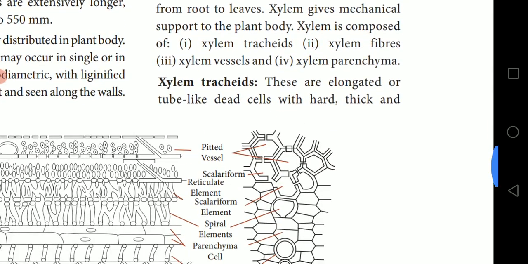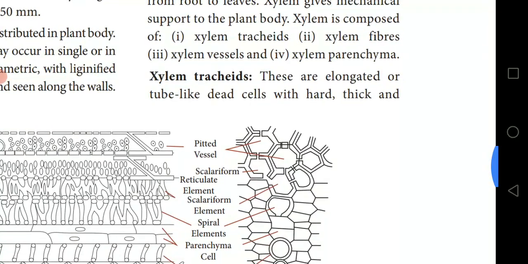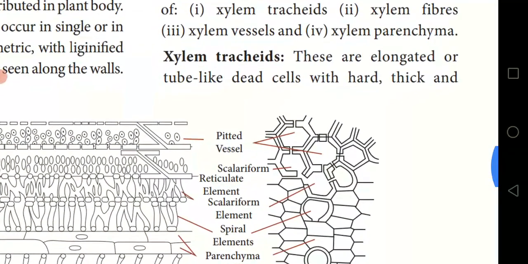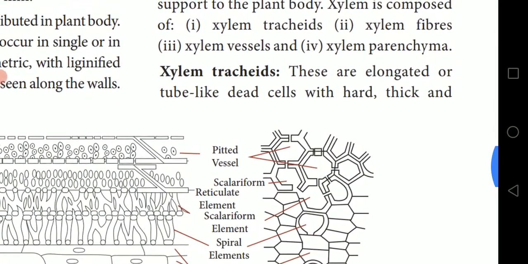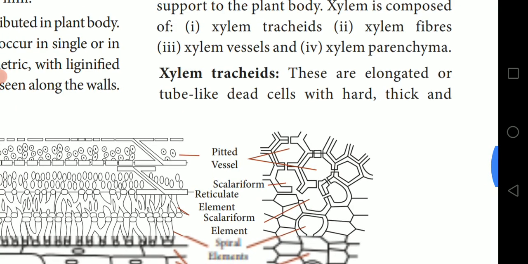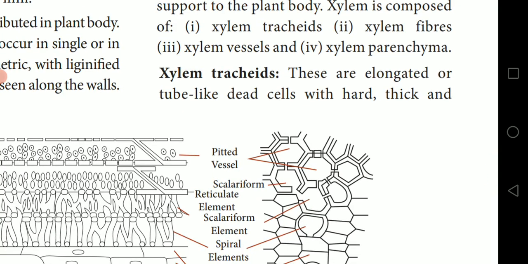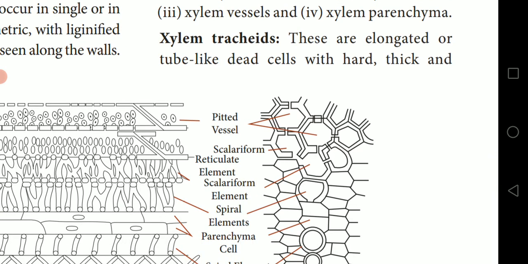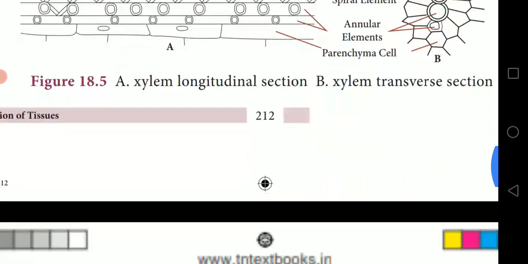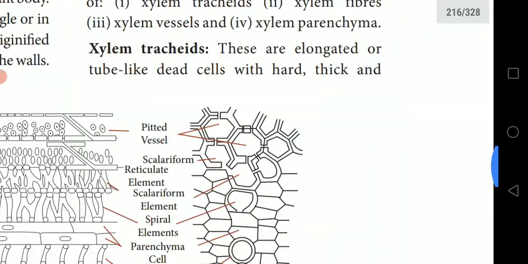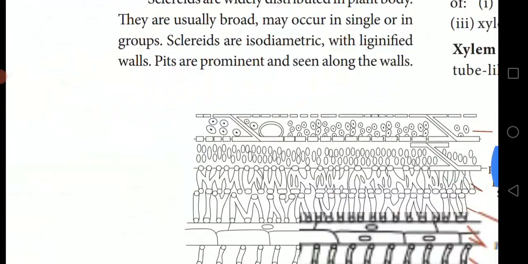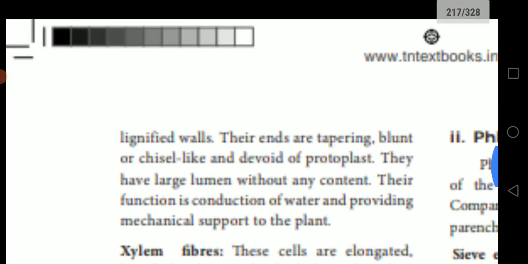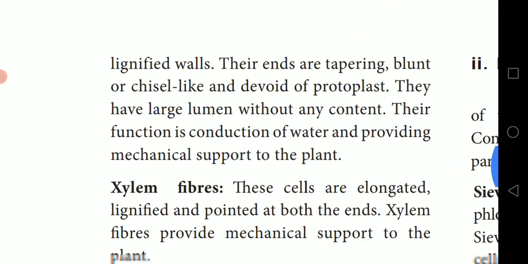Now xylem tracheids. These are elongated or tube-like dead cells with hard, thick, lignified walls.